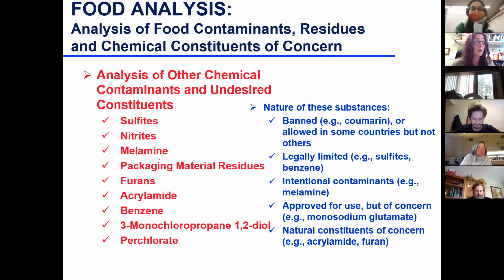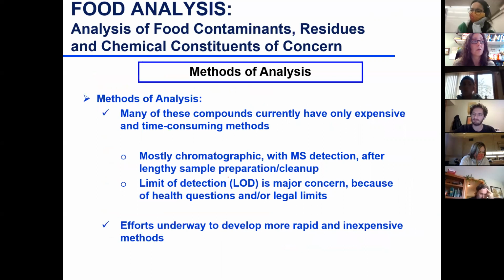Sulfites and nitrites, melamine, packaging material, furans and acrylamide due to processing, benzene that could naturally be present, monochloropropane that could be the result of the production of texturized vegetable protein or potentially protein hydrolysis. Perchlorate also could be present in the soil, in water contaminated from fuel, and many others here. So we'll go over a few of those.